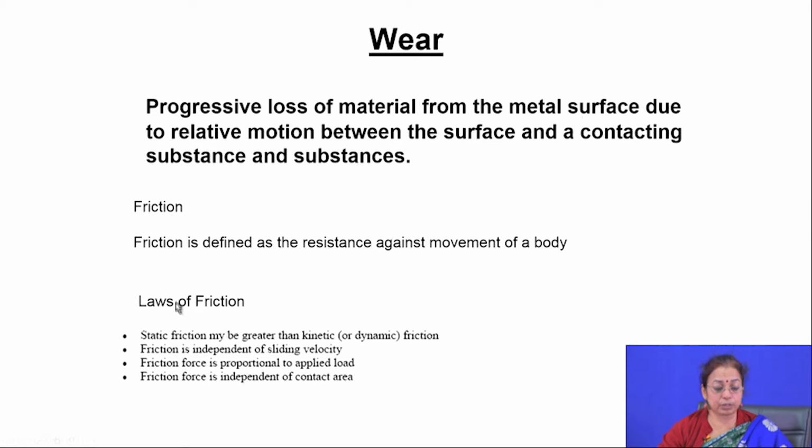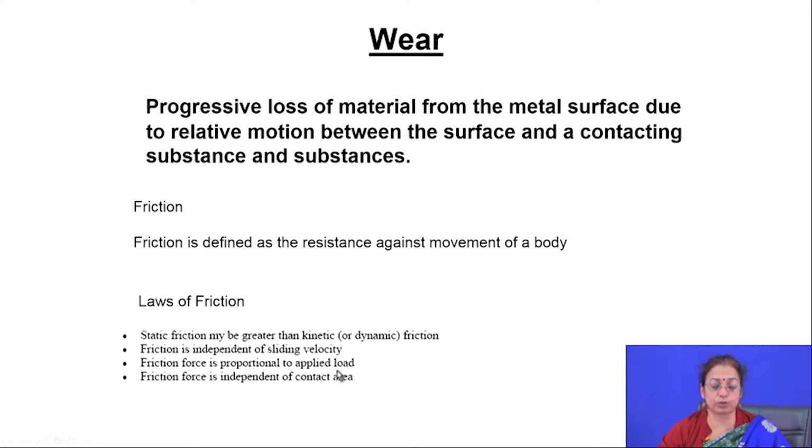Now, there are several laws of friction, which are the basics taught at the +2 level. Static friction is always greater than dynamic friction. Friction is independent of the sliding velocity.